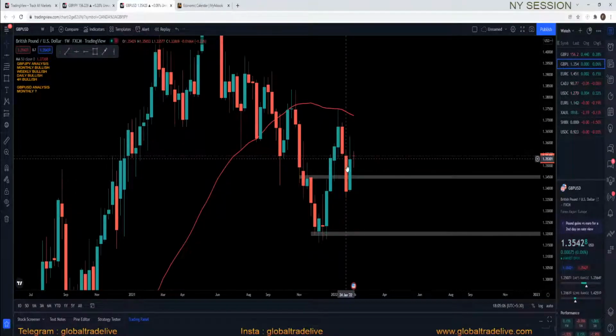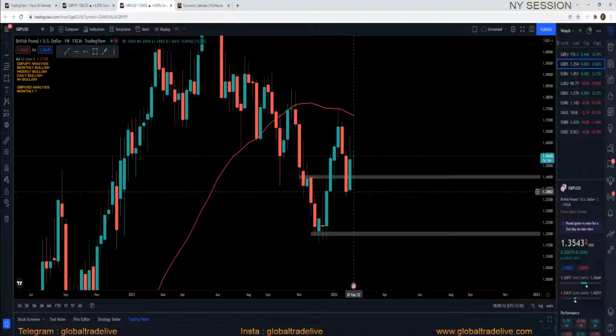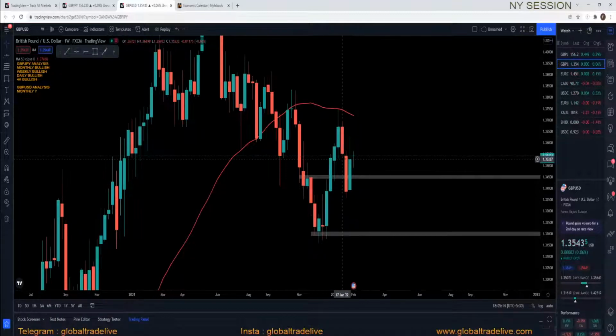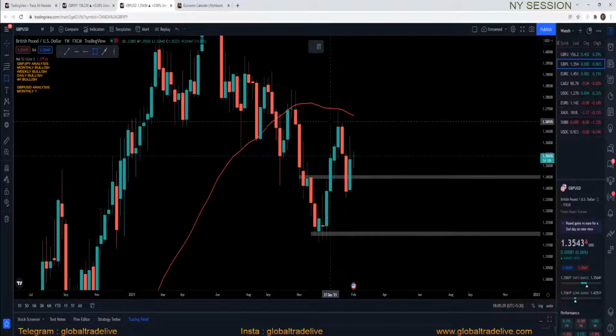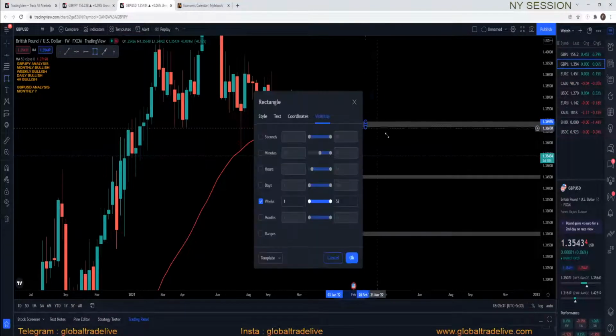This week candle closed back inside the range over here, but the previous week candle closed back up, right? And now the current week candle is creating a lower wick. So that means the weekly time frame is basically nothing but bullish over here. So now if we look at the target, this will be our first target over here.